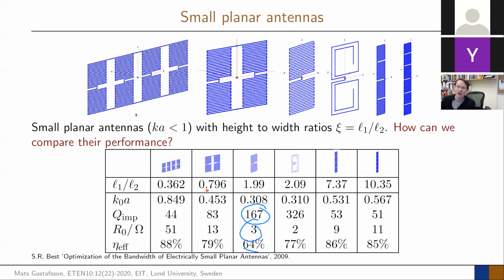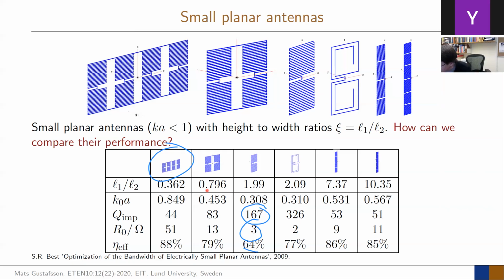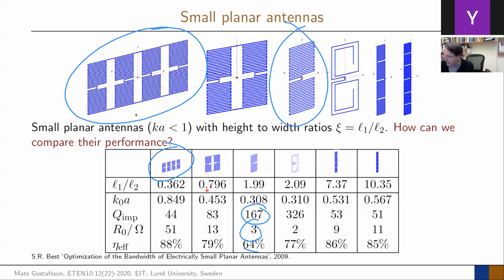But then we can see that other types of design can affect some of these properties. So for example, if we look at this antenna instead, this one here, you can see it's a more complicated version than this one. And if you compare them, you can maybe recognize what's happening. This one here is a version of the first one where you folded it into itself in some way.